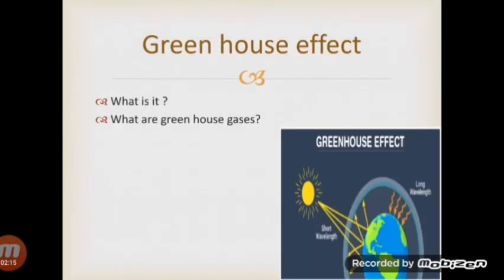If we talk about the greenhouse effect, first of all you need to understand what the greenhouse effect is. Carbon dioxide and water vapors have important roles to play in maintaining a fairly uniform temperature on the Earth's surface. These gases allow the visible radiations from the sun to reach the Earth's surface.